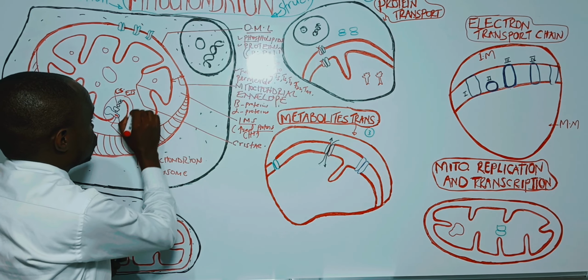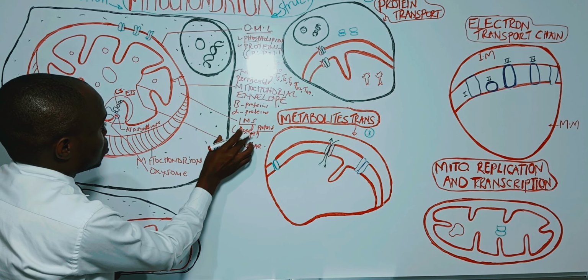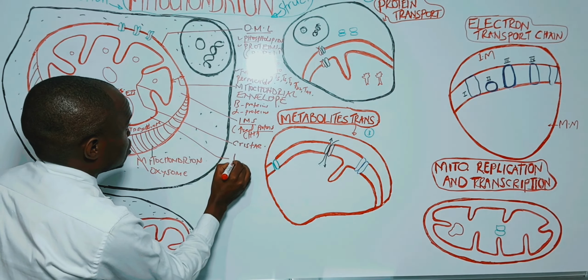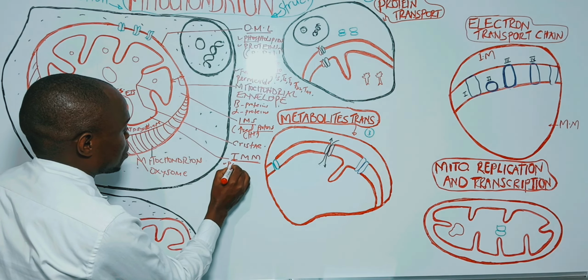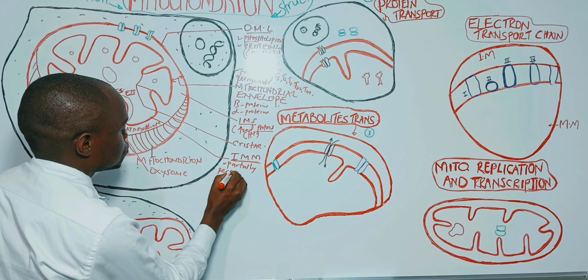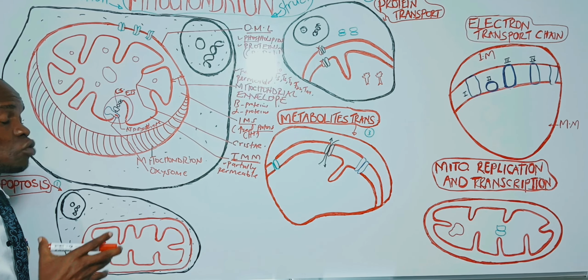The inner mitochondrial membrane, one, is partially permeable. Secondly, it consists of certain protein carriers and transporters.